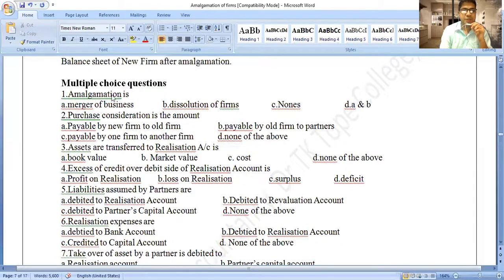Now, friends, multiple choice questions. Why am I sharing this multiple choice question? Because the TY BCom exam was conducted using multiple choice, online exams. I took a multiple choice exam last week, and I considered only one module, the final accounts module, and on that basis you attempted that exam.